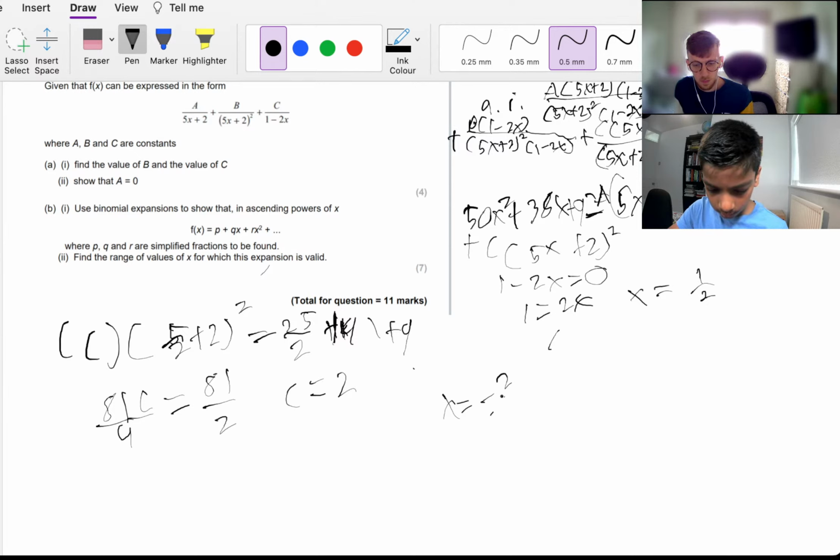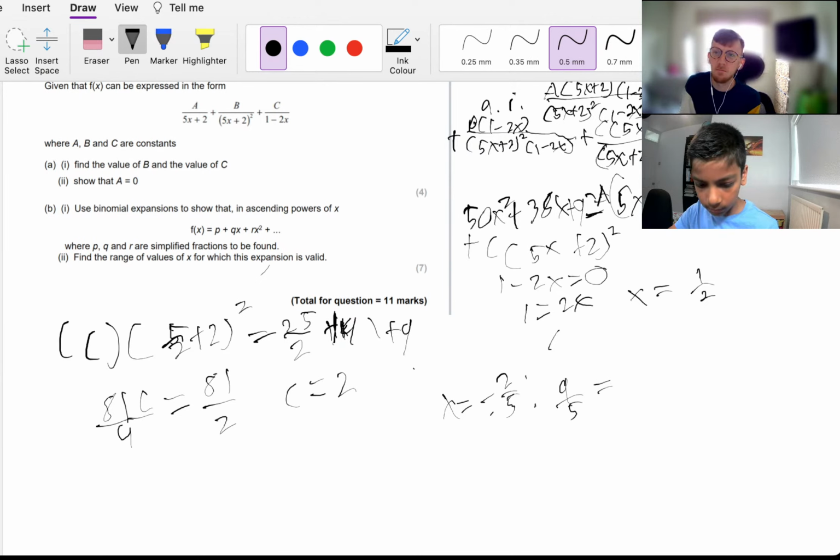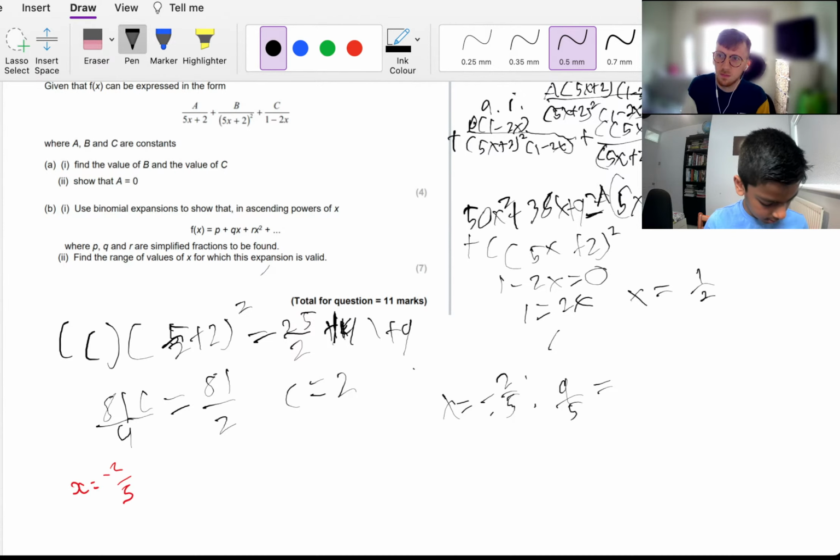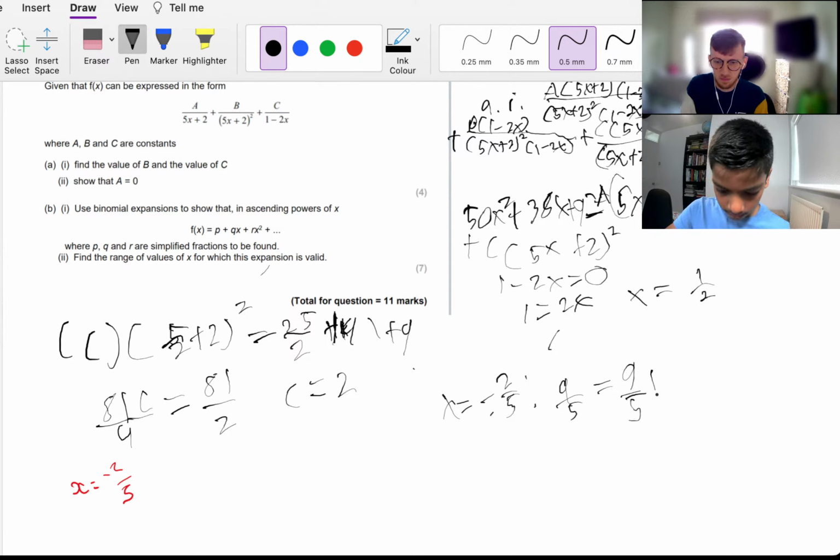So x is minus 2/5, and 9 and 5 is 1, and then it's 1 minus 2x, which is 1 minus 2 times that. That is also 9/5, so 9/5 b. So b is 1.